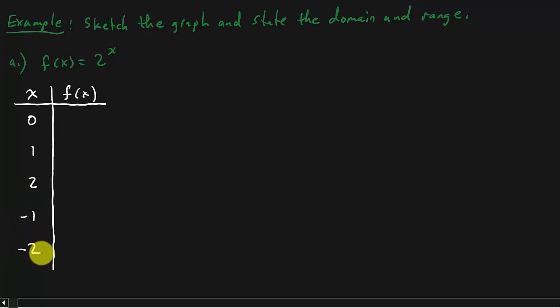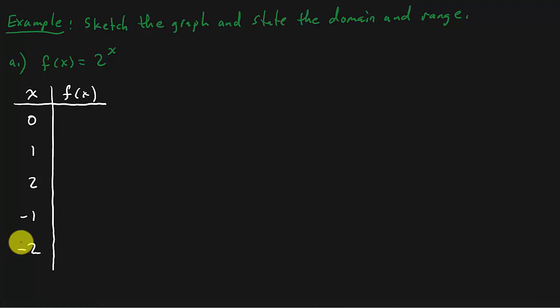You can choose any numbers you want, but it helps to have some positive and some negative exponents. That gives you a better idea of what the shape of the graph looks like.